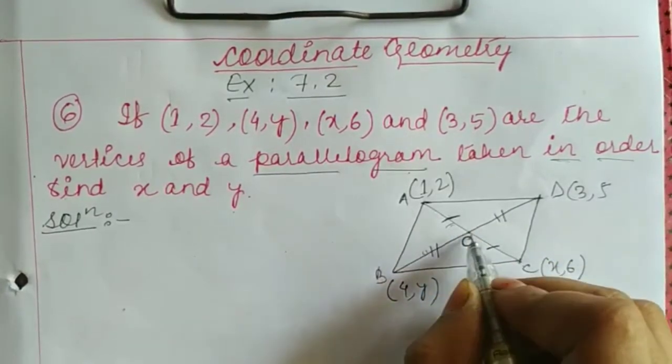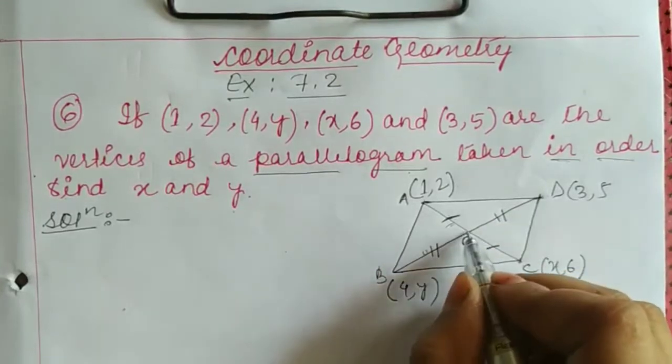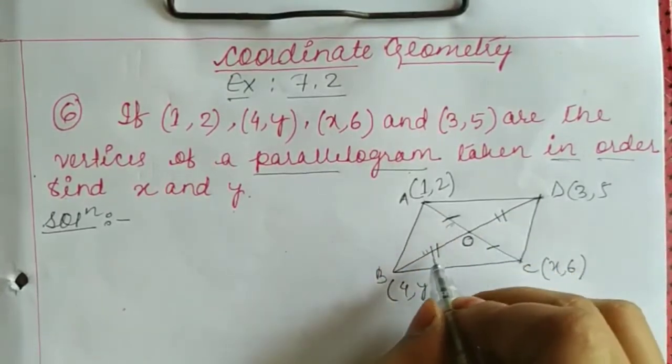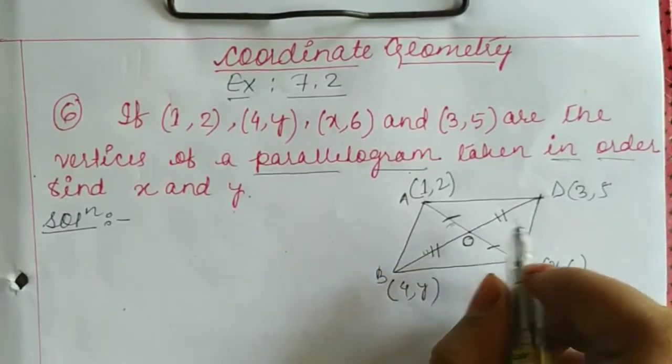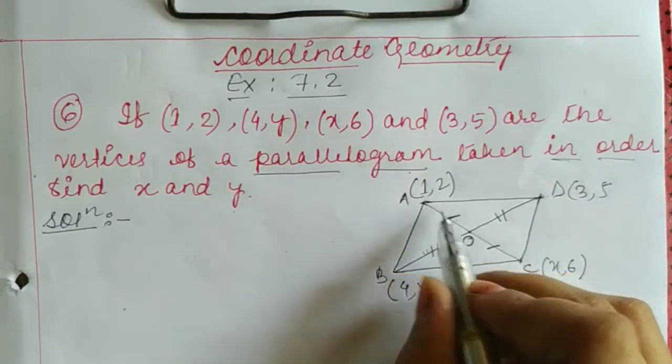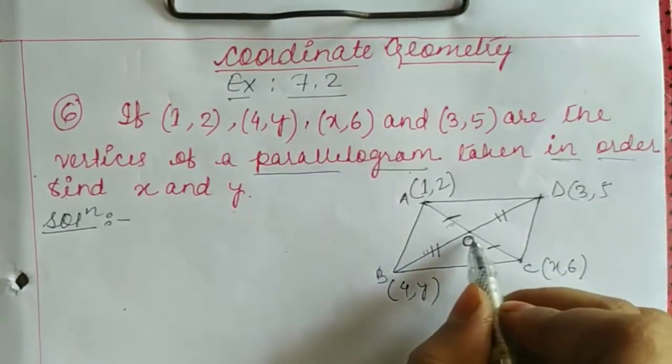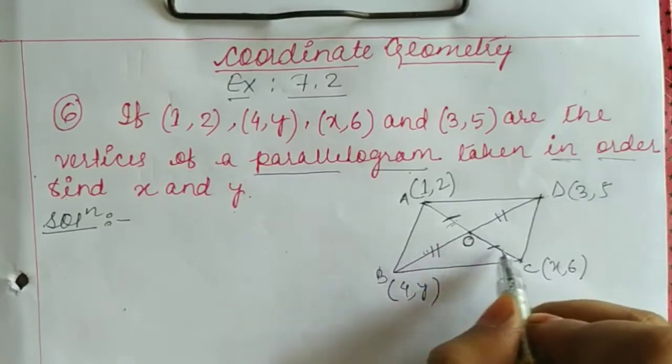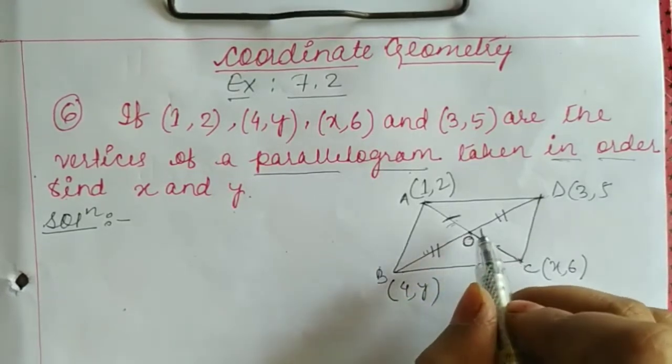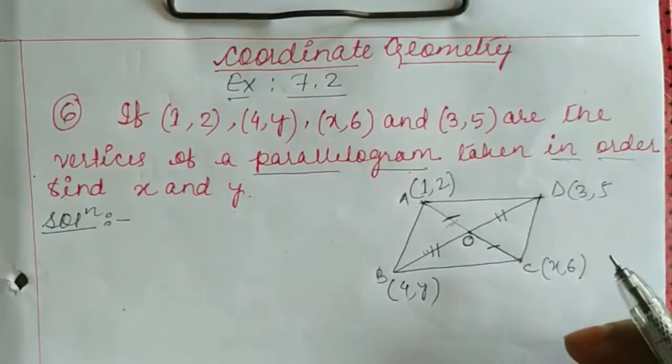That means the intersecting point divides the diagonals into equal parts.